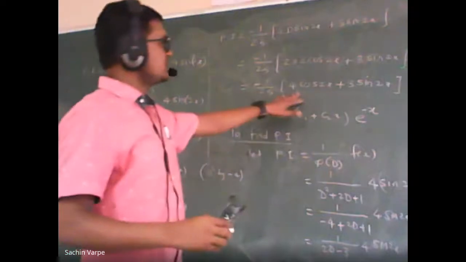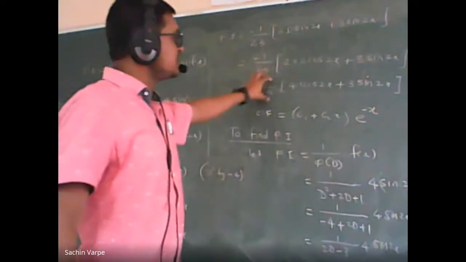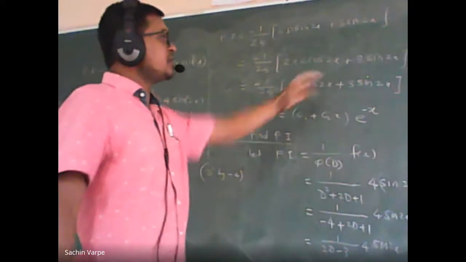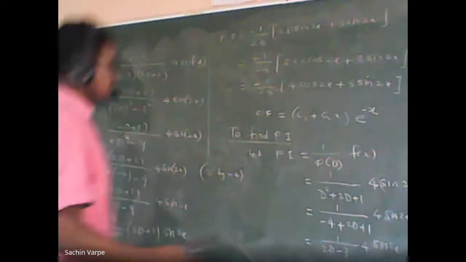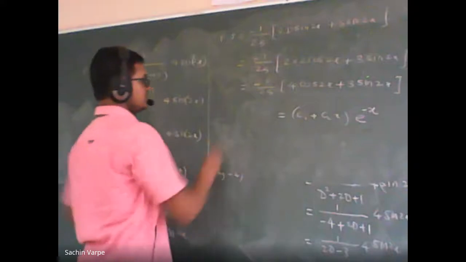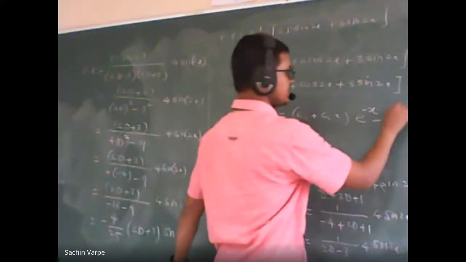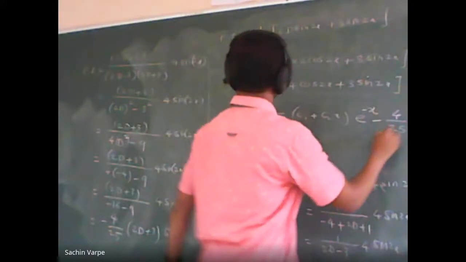And that is my required particular integral. That cannot be simplified further. If it is possible, you can simplify. You can multiply by this inside. That is minus 4 by 25 cos 2x minus 3 by 20, but that is of no use, isn't it? So therefore, finally we'll write the general solution. The general solution y is equal to CF plus PI, that is minus 4 by 25. I think it is 4, no?